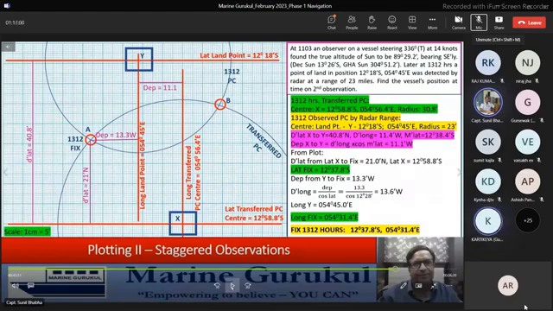From there, we can run the course, which is 336 in this case, and meantime, from the initial GP, the position of the sun, we will draw this transferred position and draw 23 miles of circle around the position circle, and wherever the course cuts it, that will be the position.